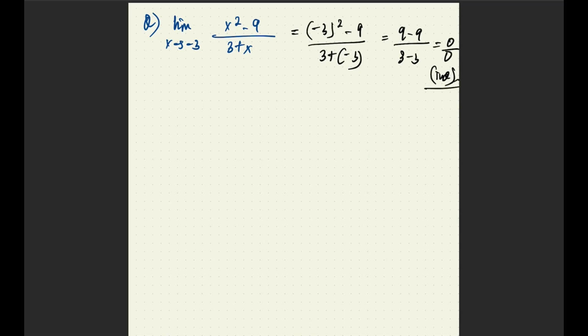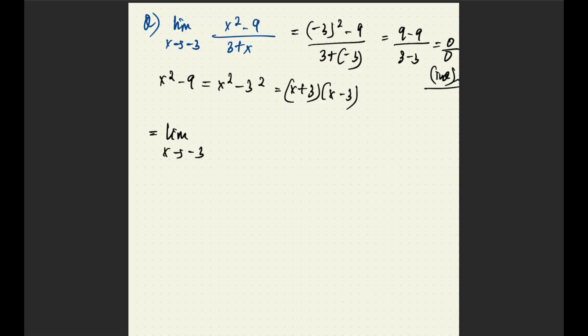So now what we're going to do is use some sort of algebra to modify the function in order to not get an indeterminate answer. So again, if we look closely, in this case, the numerator is the difference of two squares because I can write x squared minus 9 as x squared minus 3 squared, and this can be written as x plus 3 times x minus 3, just using the difference of two squares. So now I can rewrite the original function.